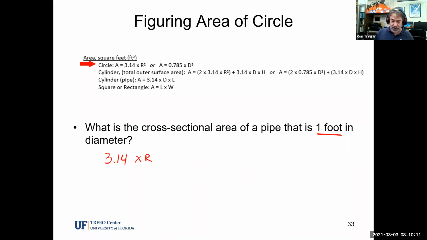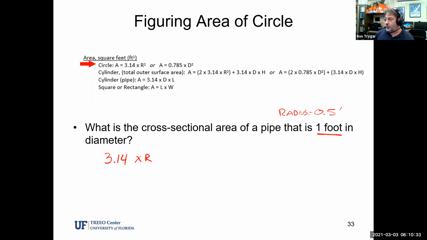So 1 divided by 2 is 0.5. So essentially for the 3.14 method, we need to convert this 1 foot diameter into radius. The radius is 0.5 feet. I'm just going to write that up here.